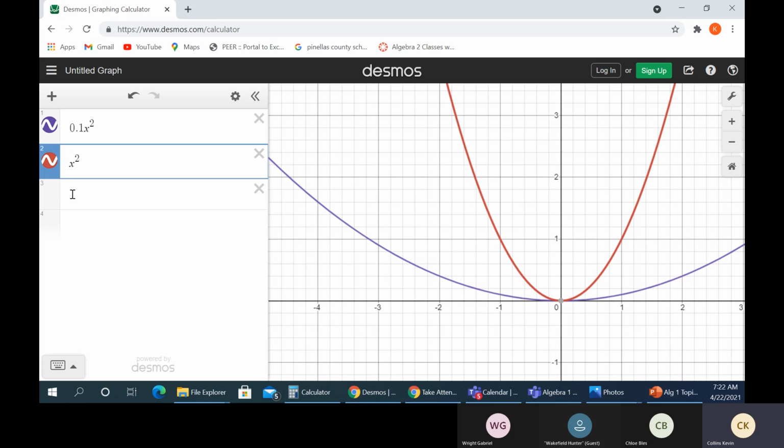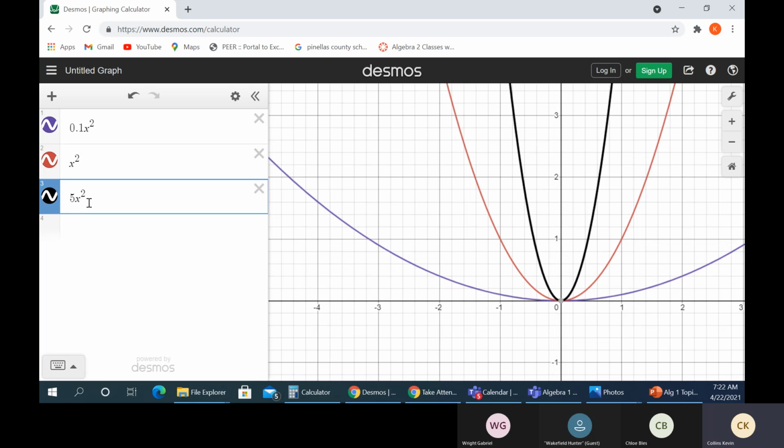Okay, and then if we put a bigger number in front of it, let's say 5, notice that the graph in black is going up faster. So the graph in black would be a vertical stretch by a factor of 5.